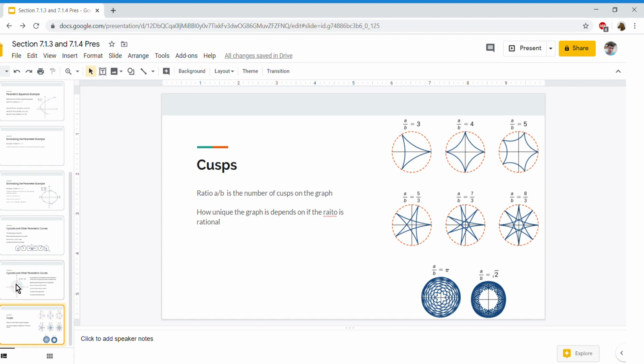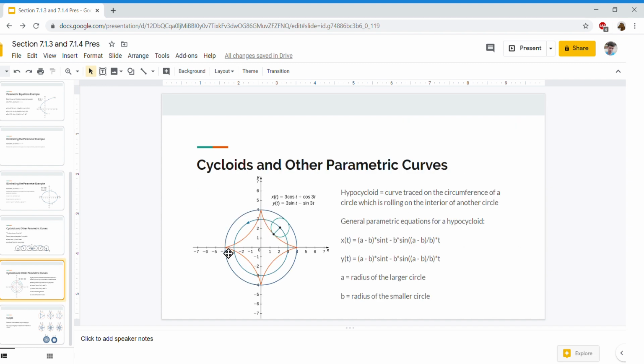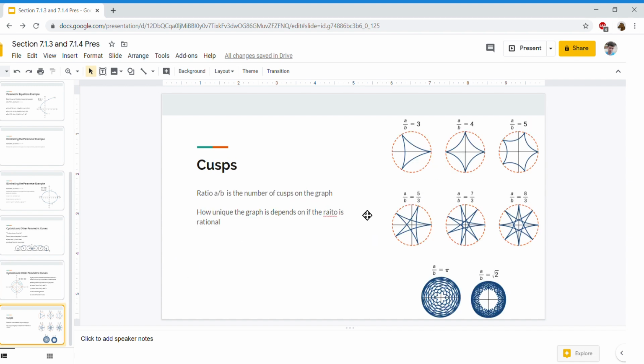And finally, I want to mention cusps. As you can see from this graph, there are four pretty distinct sections of the hypocycloid, so that means that there would be four cusps for this hypocycloid. Cusps refer to hypocycloids. The textbook told me that a cusp is a corner or pointed edge of the graph.